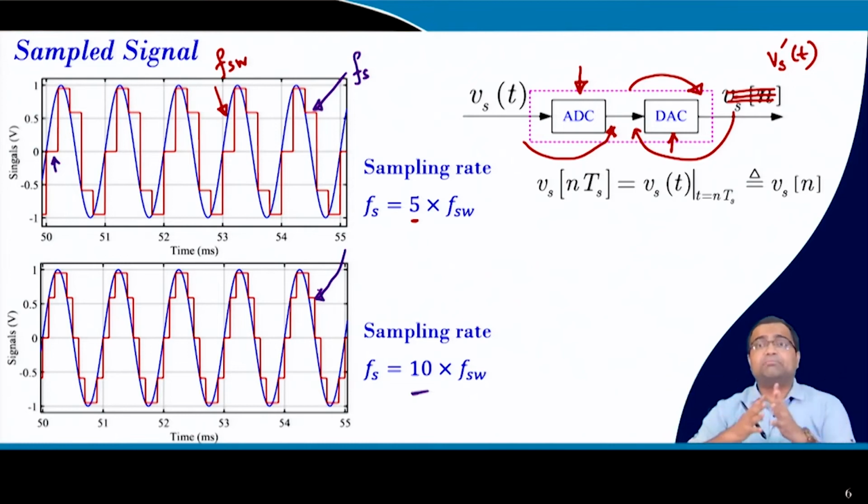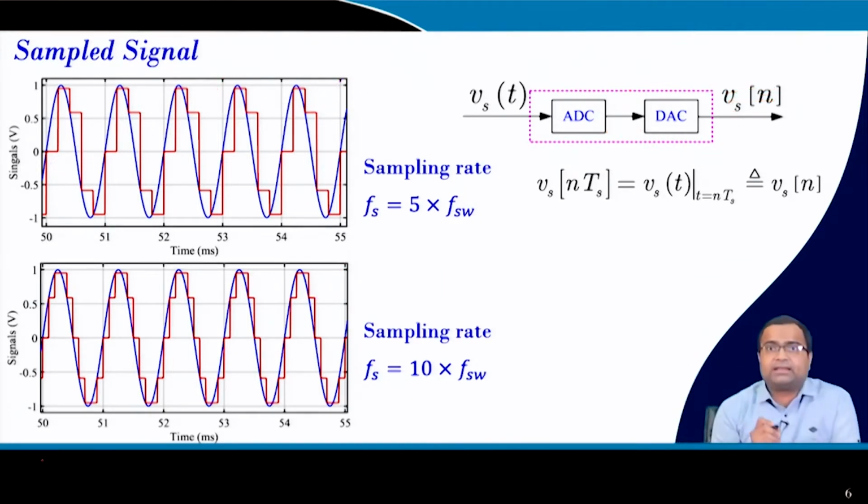It is simply impractical, because we are going to apply such sampling in our switching converter, which itself is running at a high switching frequency. So, we have little flexibility to increase the sampling rate; we cannot increase it impractically.